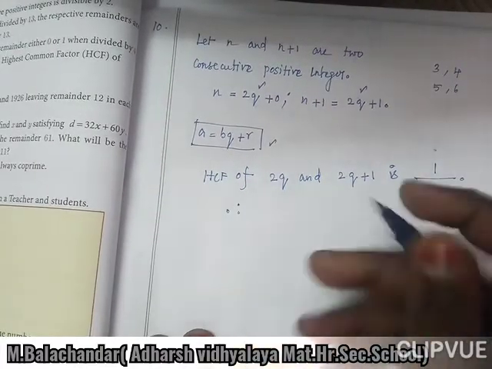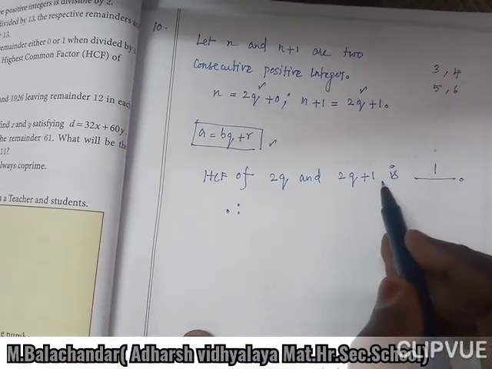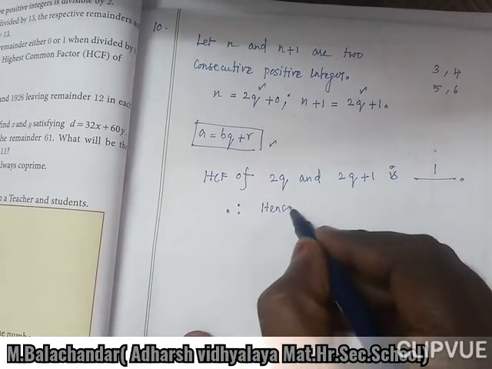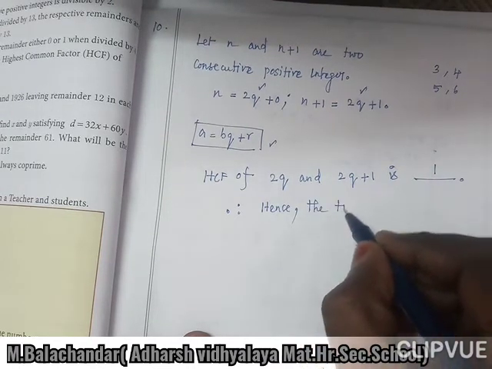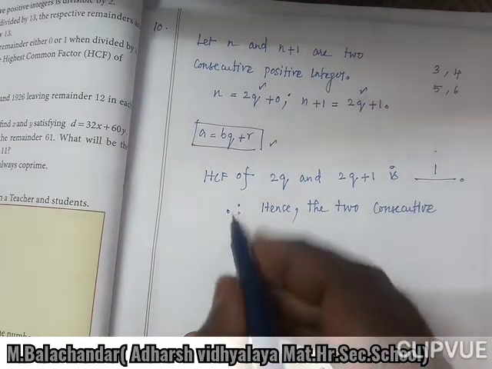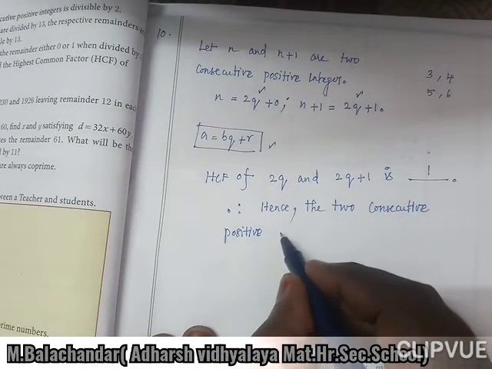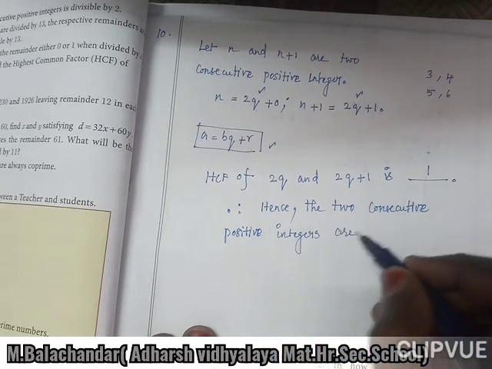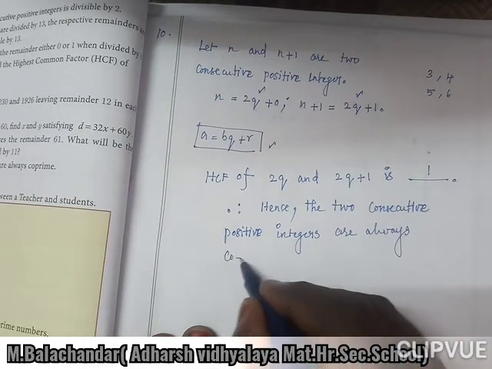Therefore what we took, 2q is n and 2q plus 1 is n plus 1. Hence the two consecutive positive integers are always coprime.